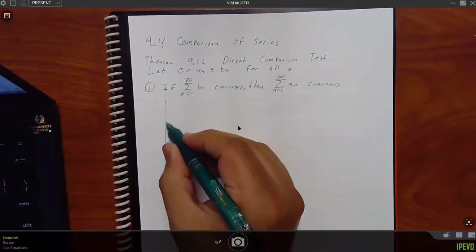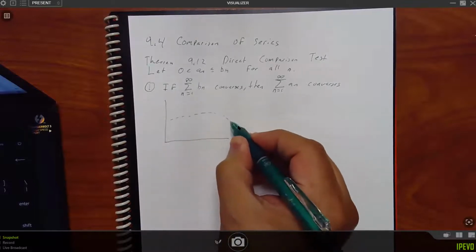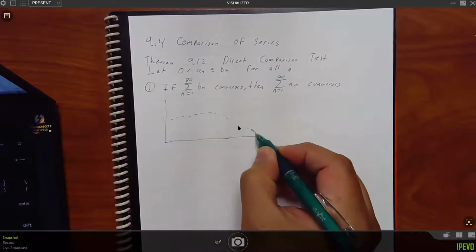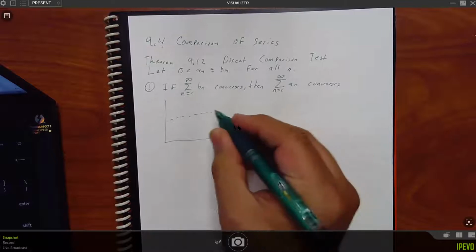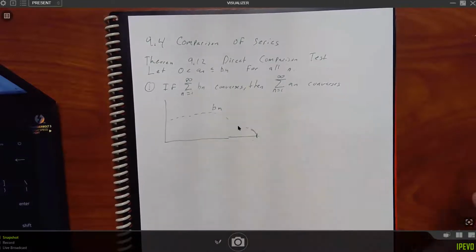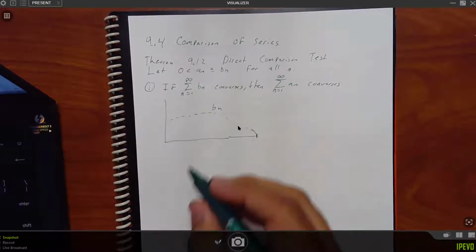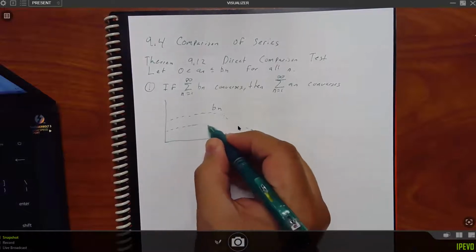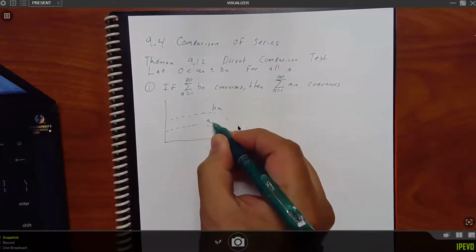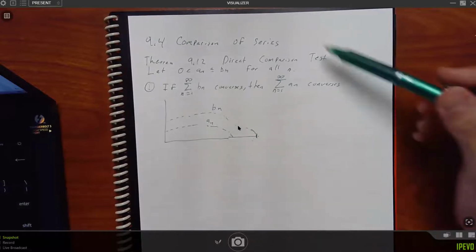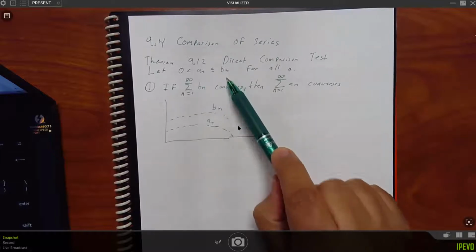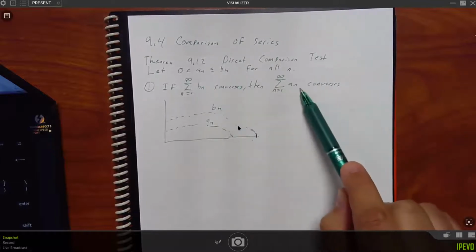Let's pretend this right here is a sequence converging to some number. We'll call this one b_n. If b_n is bigger than a_n, then a_n has to converge somewhere. You see how b_n is trapping it underneath? If a_n is less than b_n and b_n converges, then a_n has to converge.